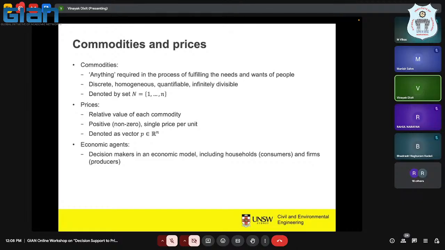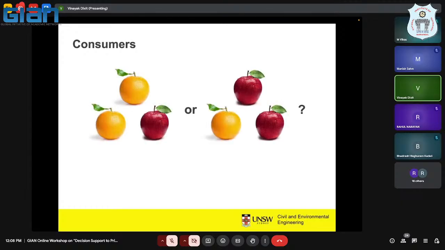Anyone? So for a consumer, one of the things that comes up is that when you're consuming, you have different commodities, and generally households consume different shares of those commodities.